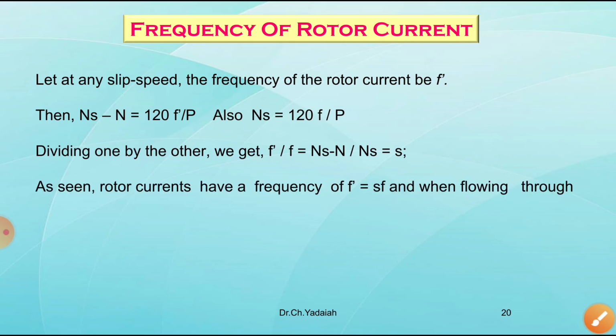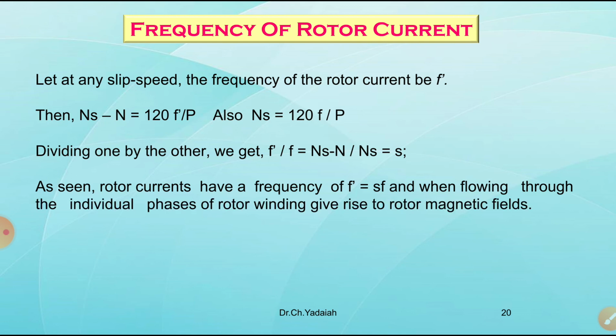As seen, rotor currents have the frequency F dash equal to S into F, and when flowing through the individual phases of the rotor winding, they give rise to rotor magnetic fields. We know the rotor also has 3-phase windings: in slip ring induction motors, 3-phase windings, and in squirrel cage, different bars, which become the same poles.